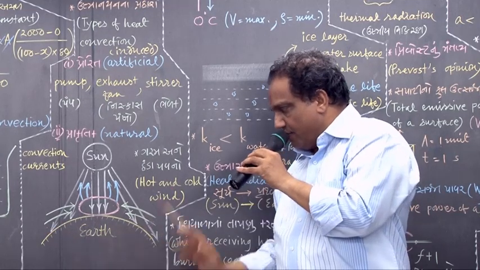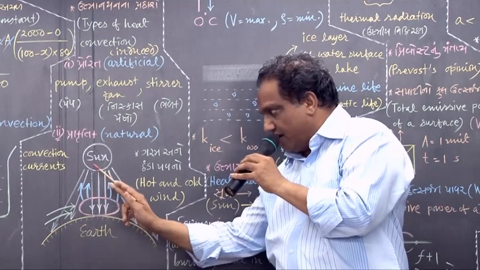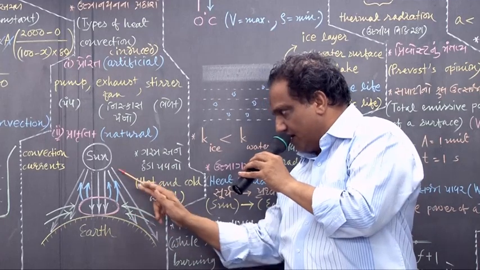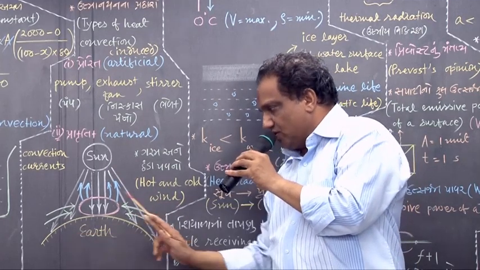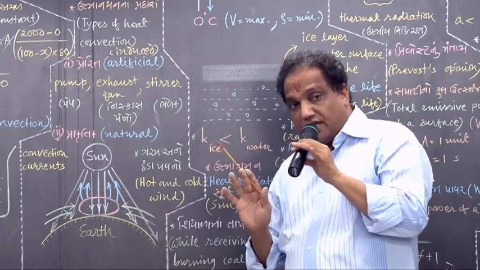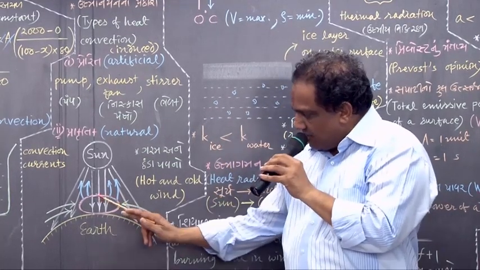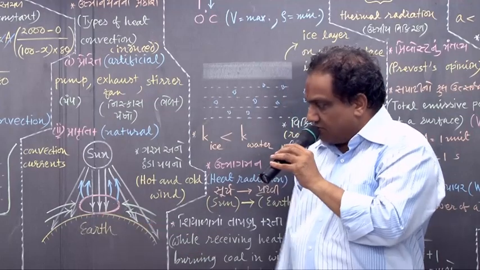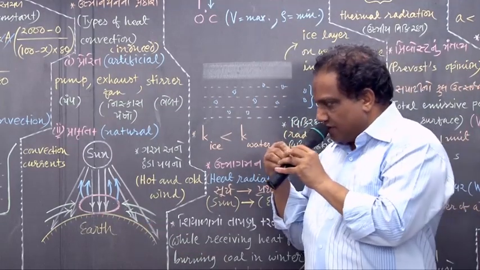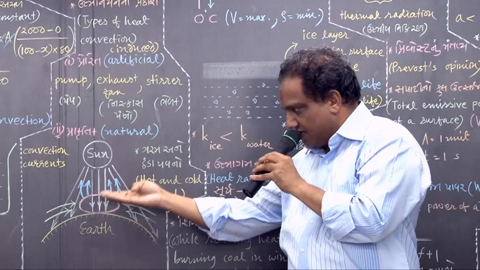But for the further parts, there is oblique incidence. So this part of atmospheric air is not getting heated so much as this part is getting heated. Now air in this part becomes rarer, and as it becomes rarer, it will rise.